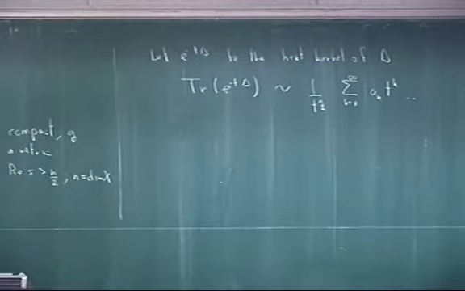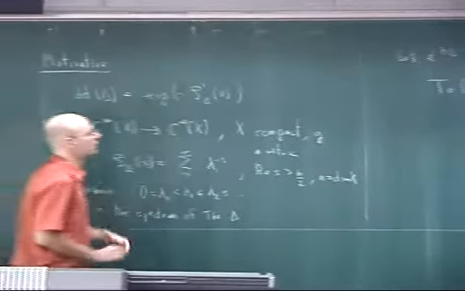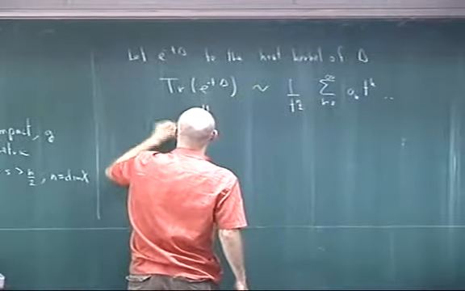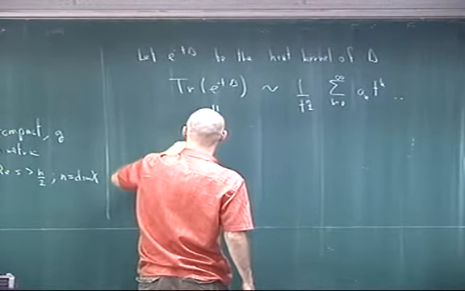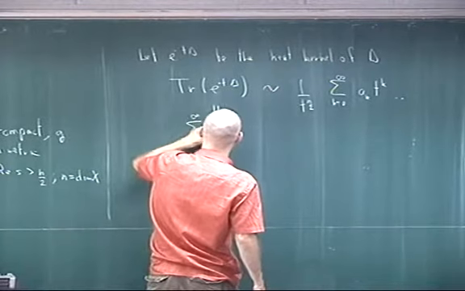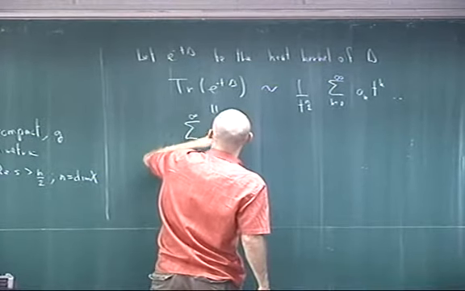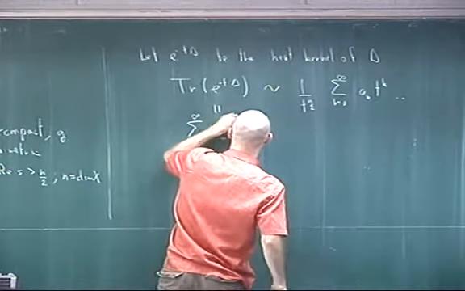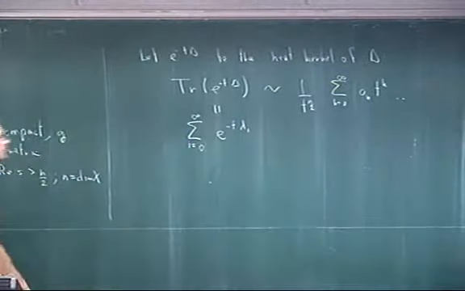And the important feature is that you can also think of it in terms of the eigenvalues. It's the sum over i from 0 to infinity of e to the minus t lambda_i.